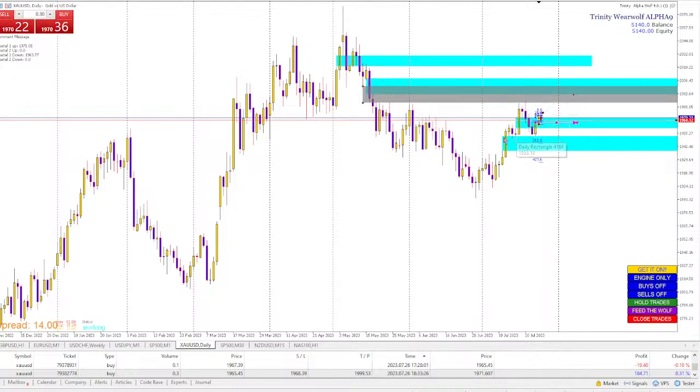So we've run down, we've tagged the top of the fair value gap on the daily here. We've got support at it. We've broken above this fair value gap. Now, like I've mentioned, we want to start finding support at this and then continue to push up. Michael likes to talk about the rock climbing.